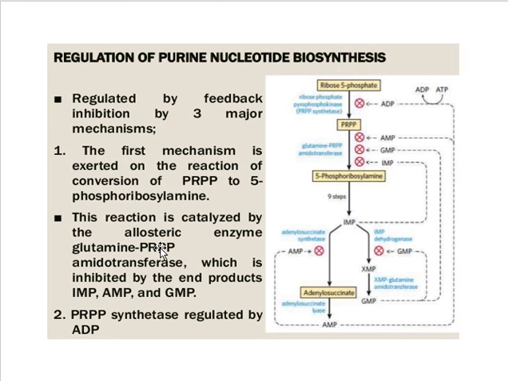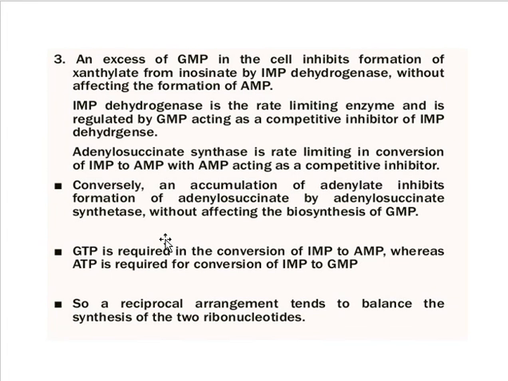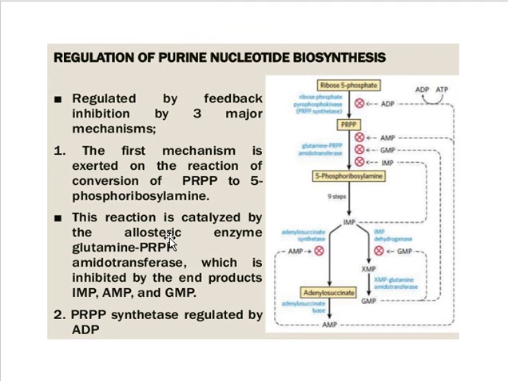The third step of regulation of the synthesis of purine nucleotides is the conversion of inosine monophosphate to AMP and GMP. In this diagram, it is clear that the conversion of IMP to GMP is inhibited by negative feedback regulation by the product GMP.